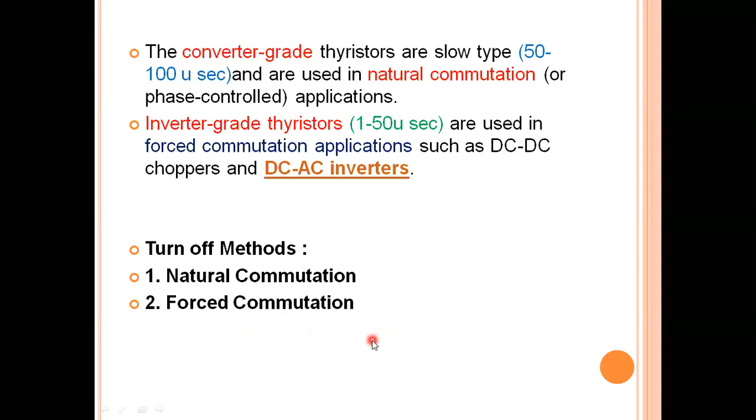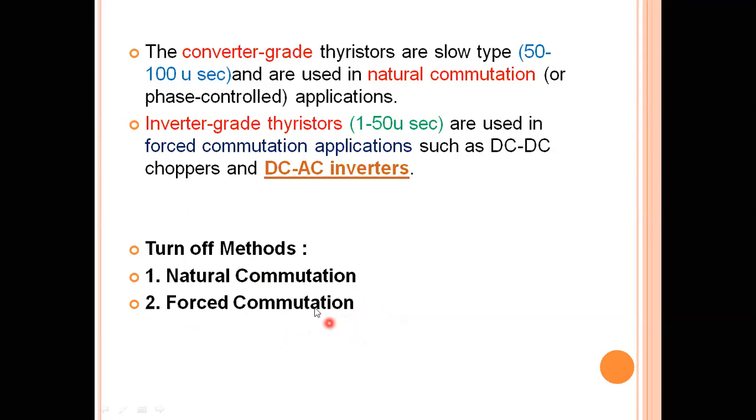So we need to force the current through the turned-on device to less than the holding current value. For that, we are going to use certain elements, most probably inductors and capacitors. In some methods, it may be auxiliary devices, auxiliary thyristors, auxiliary diodes, like that.